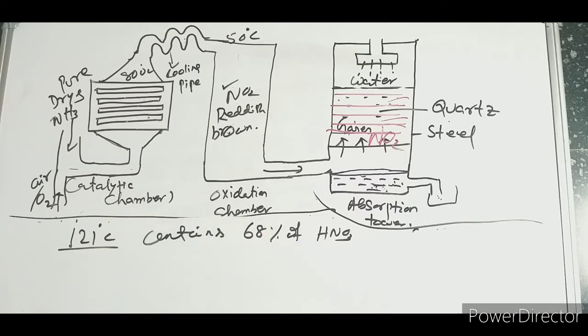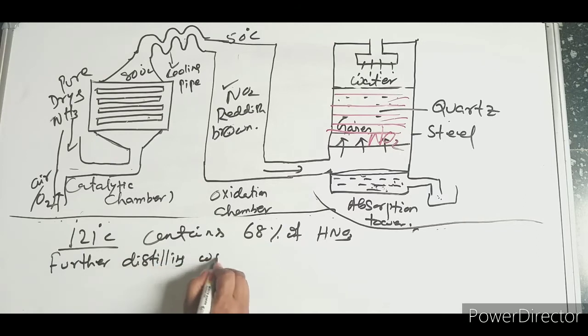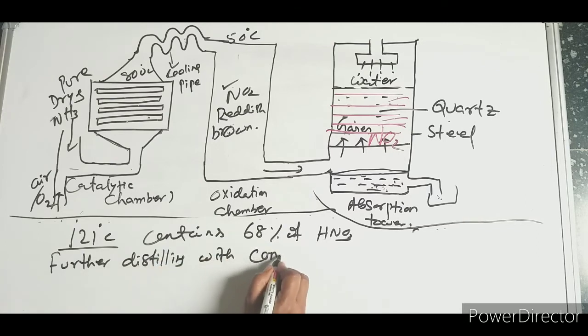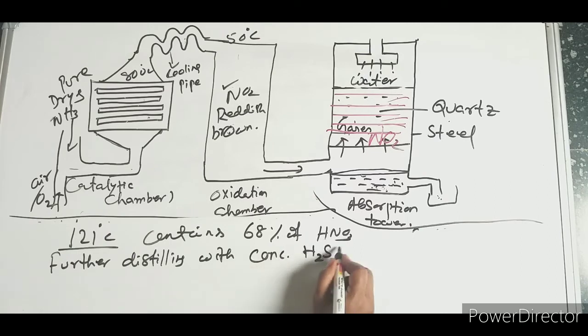Okay, so if you want a higher concentration of nitric acid, further distill with concentrated H2SO4, because H2SO4 is a drying agent.